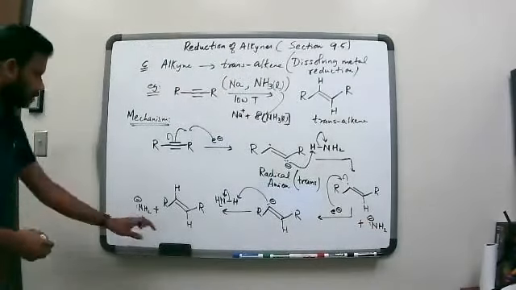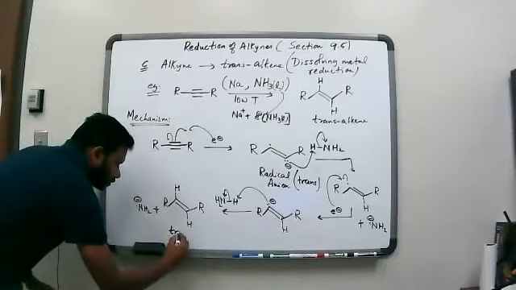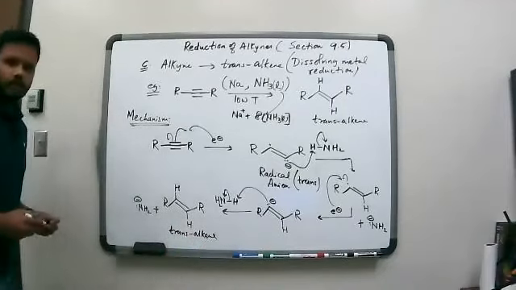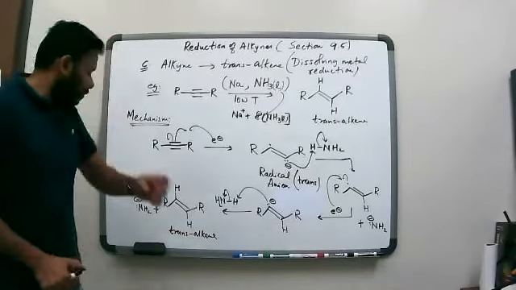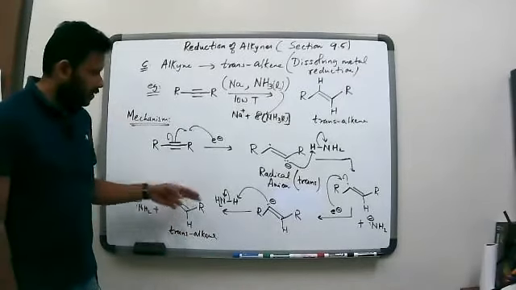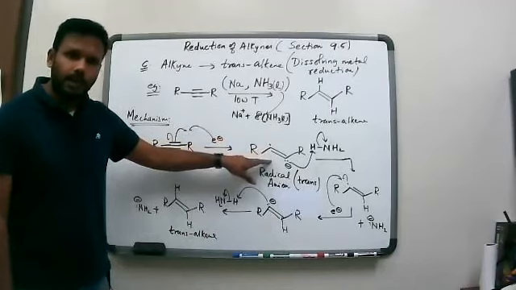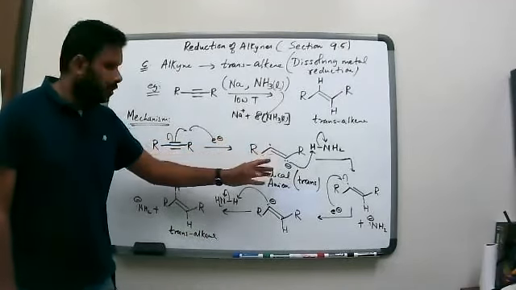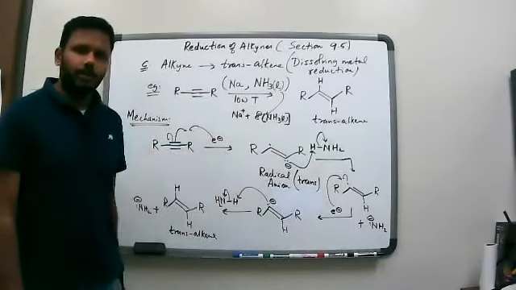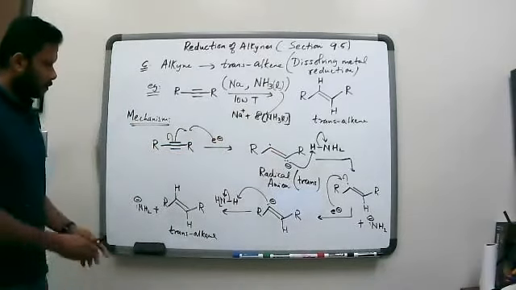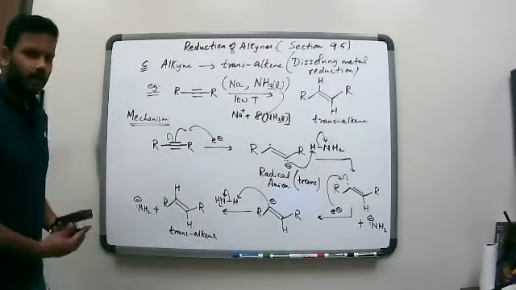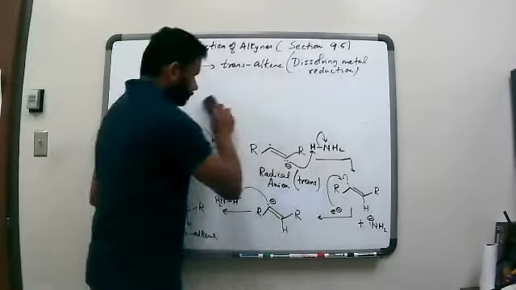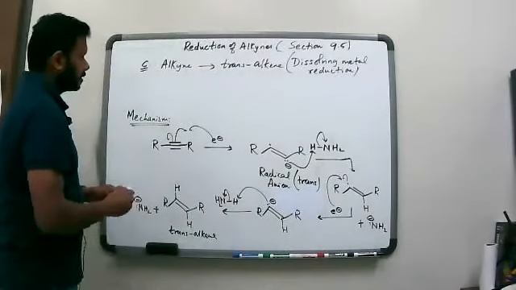Okay, so we get the trans-alkene here. And the reason we get this trans-alkene is because of the formation of this radical anion where the trans geometry was set because of the repulsions between the electrons. Okay, so that's the mechanism of the dissolving metal reduction, or the sodium ammonia reduction, whichever way you want to call it.